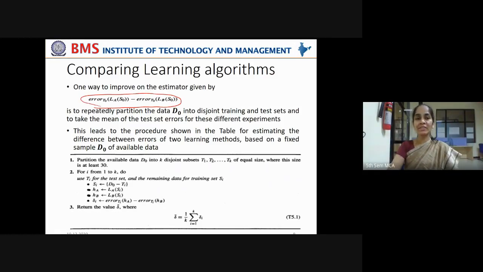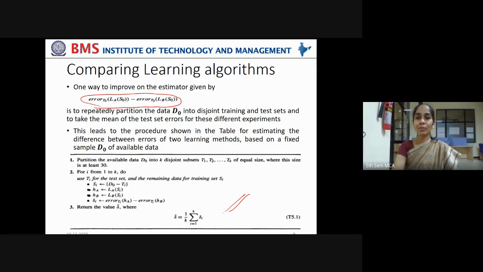Now, one way to improve the estimator given by this representation, how can you improve it? How can you improve the estimator? It is to repeatedly partition the data D naught into disjoint training and test sets and to take the mean of the test set errors for these different experiments. I'll explain how these steps are done with a figurative example and again come back and understand the procedure so that it will be more easily understood, right?